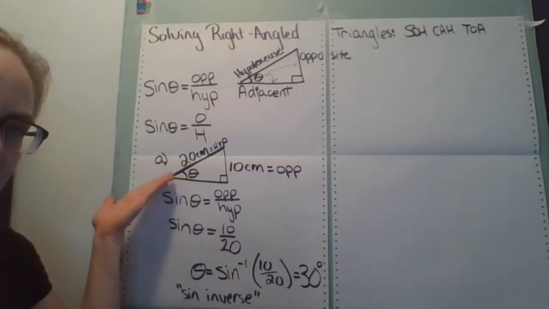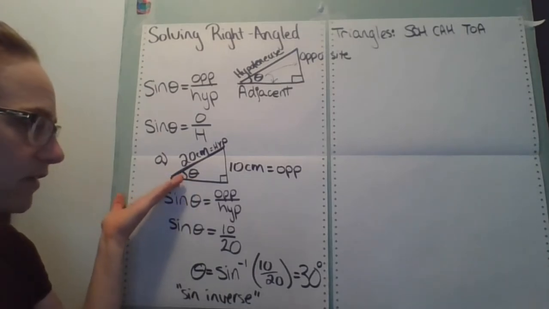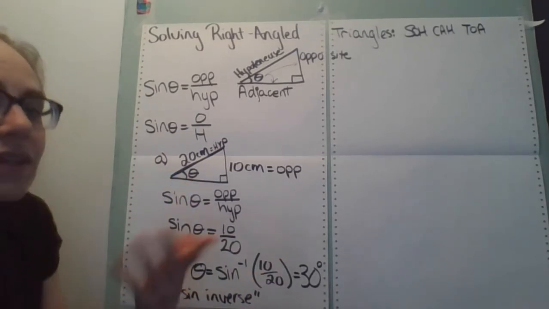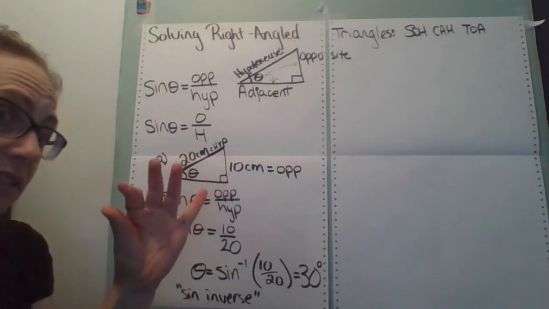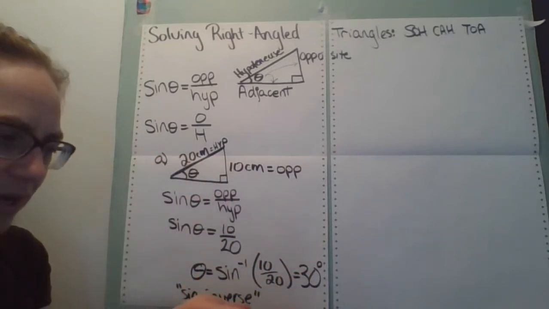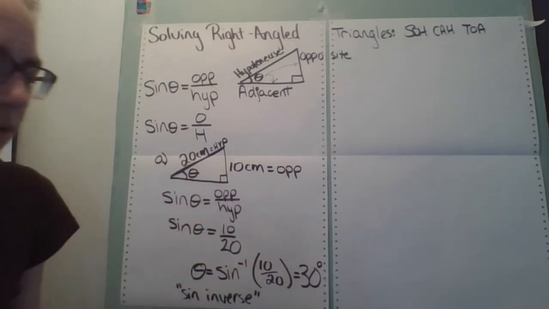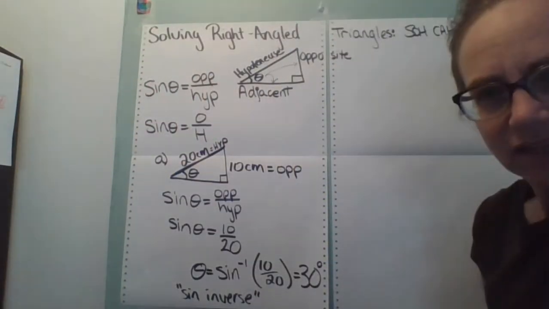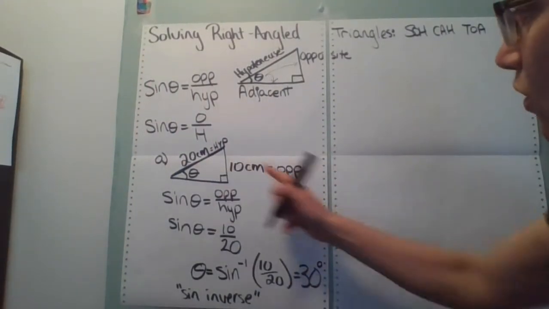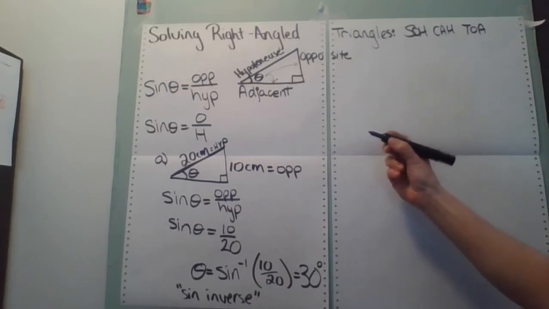So the cool thing about this ratio is that if I wanted another 30-degree triangle that's maybe a little bit bigger or a little bit smaller, I can figure out how long my other side is going to be, right? Especially if you're in art or architecture or something, you might want to scale something. So let's look at what that means.